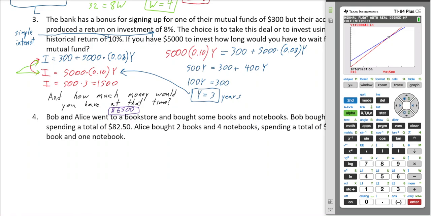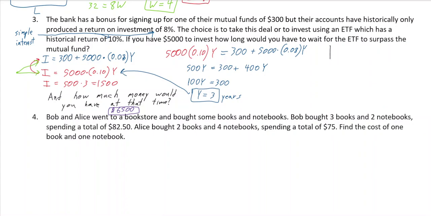If you graph it, I want you to draw a quick, simple picture of what that graph looks like. So, for example, this is kind of what my graph looks like. I mean, it's not perfect, right? But you can kind of see here that this is my intersect, and it is at the point (3, 1,500).